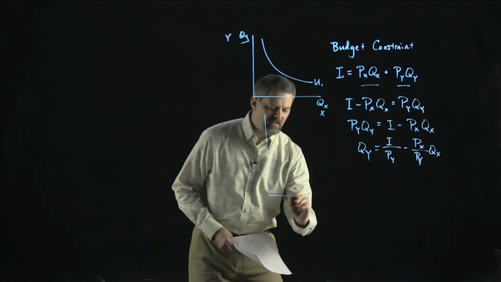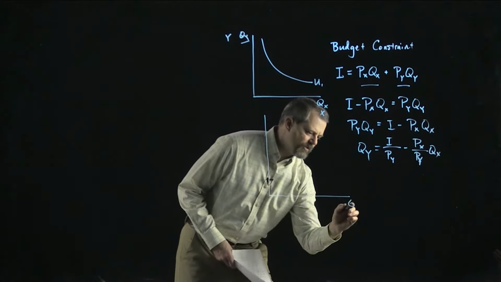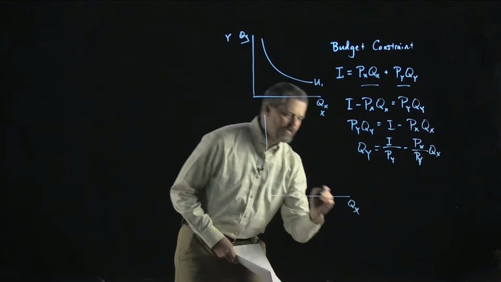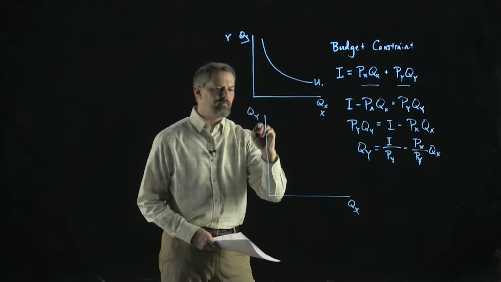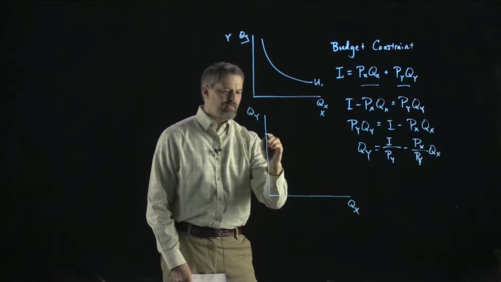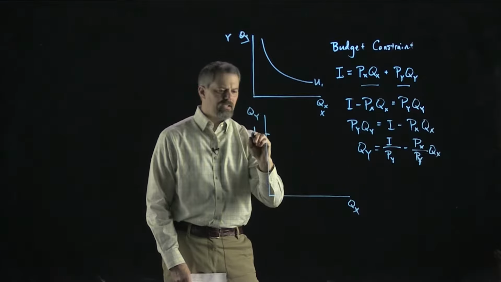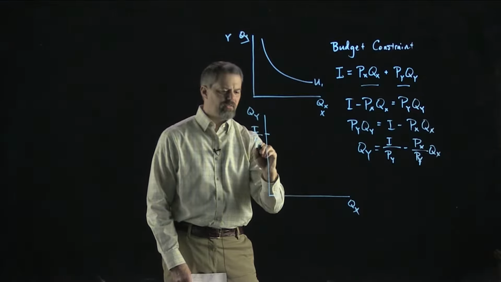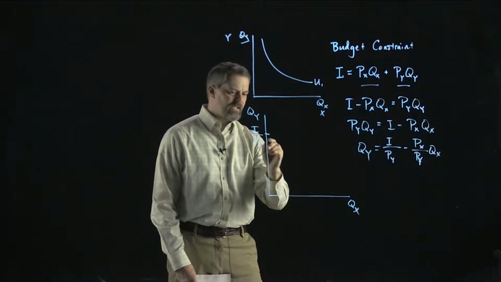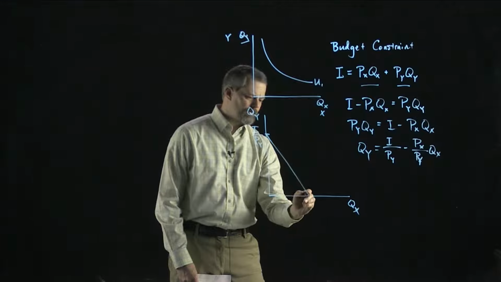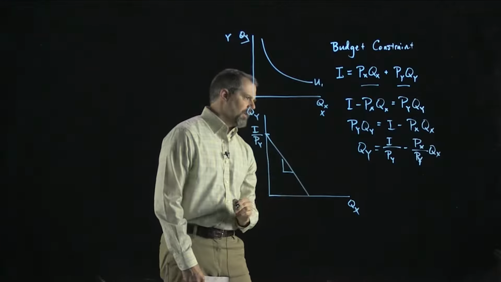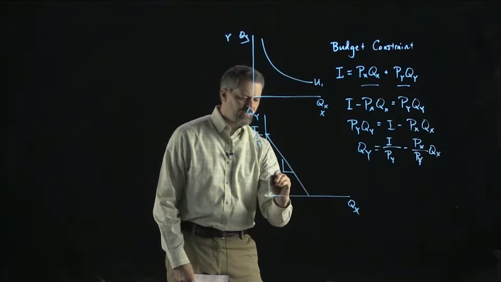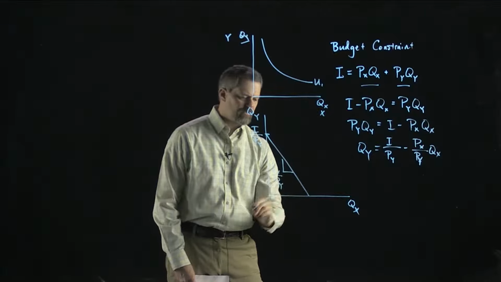It's in slope-intercept form. So here's QX down here. Here's QY up here. The intercept is income divided by the price of good Y. It has a negative slope, and that slope is PX divided by PY.